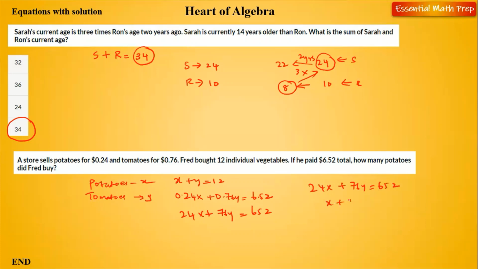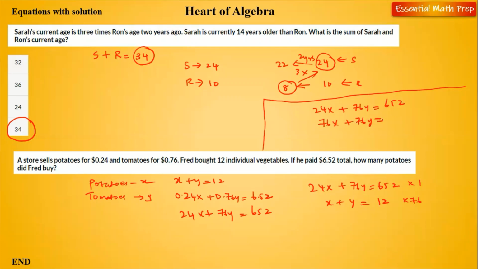We have x plus y equals 12. You can multiply both sides by 76. Sorry, the lower expression by 76 and the top expression by 1. I'm just going to do some of it over here because I might be running out of space. So 24x plus 76y equals 652. We have 76x plus 76y equals 12 times 76 is 912.